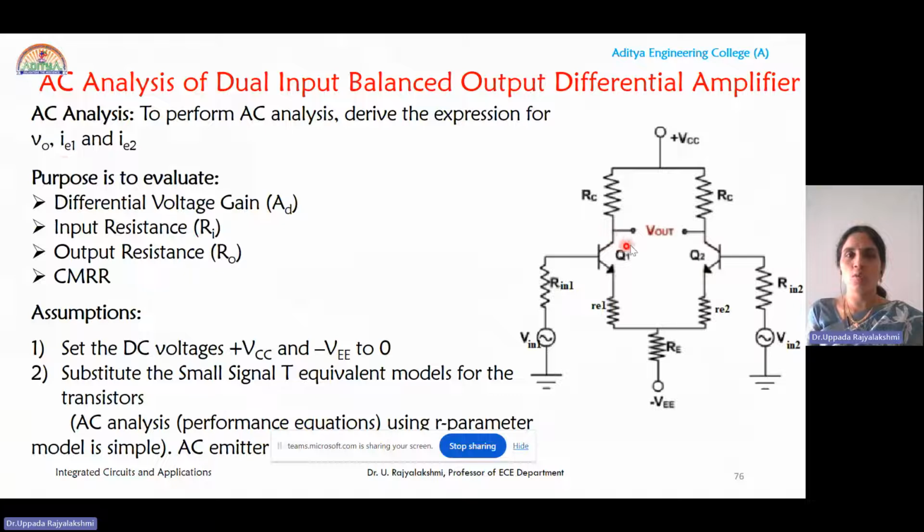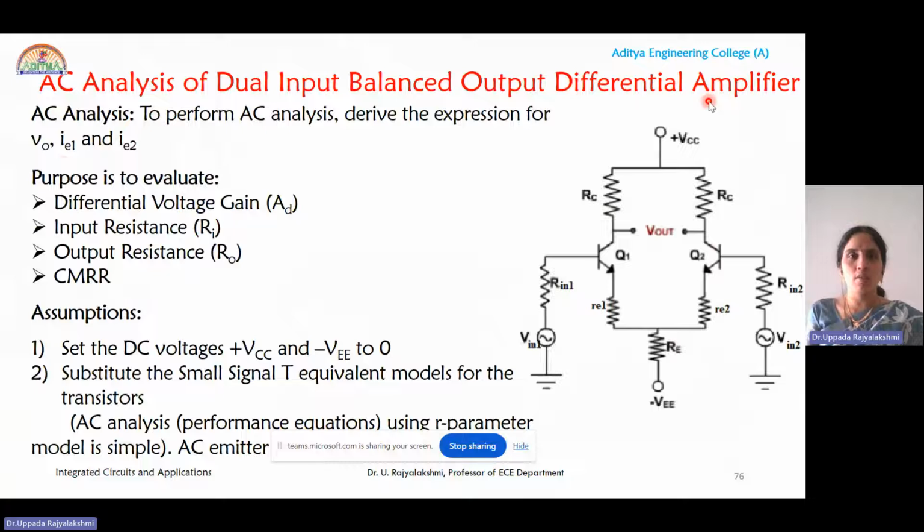So output is calculated at the collector terminal and input is applied at the base terminals of both the transistors. So that's why it is CE configuration. And to perform AC analysis, we are going to calculate the differential voltage gain, equivalent input resistance at both the transistors and equivalent output resistance at both the transistors.